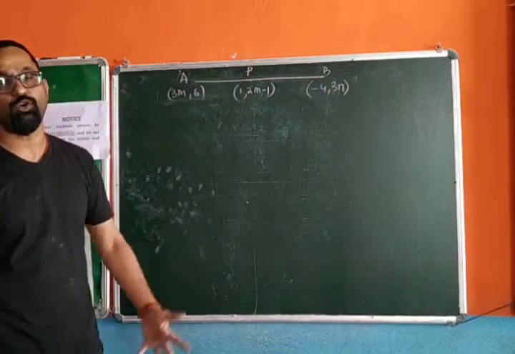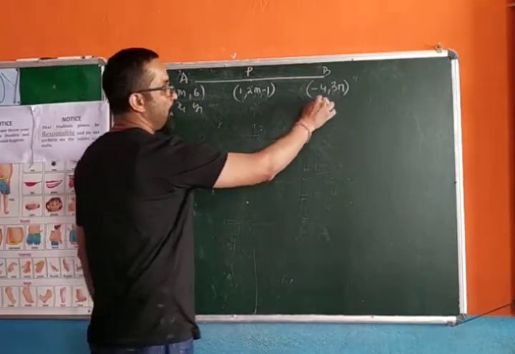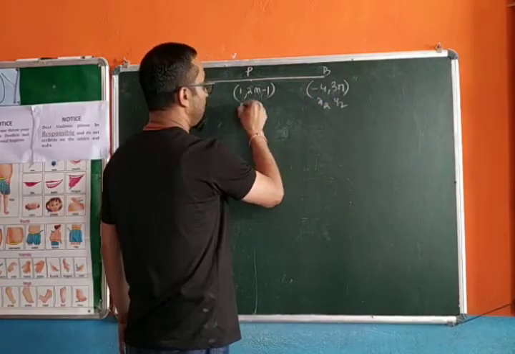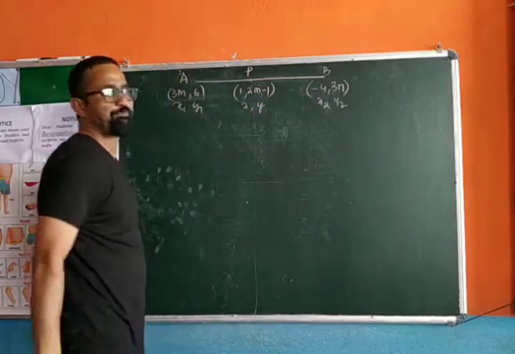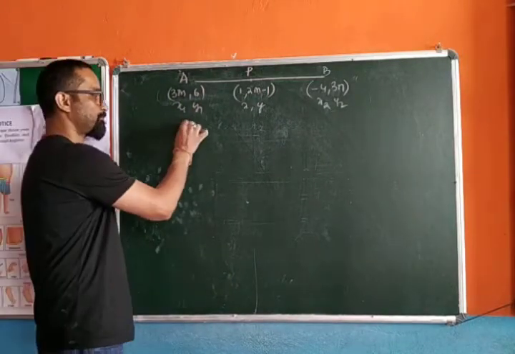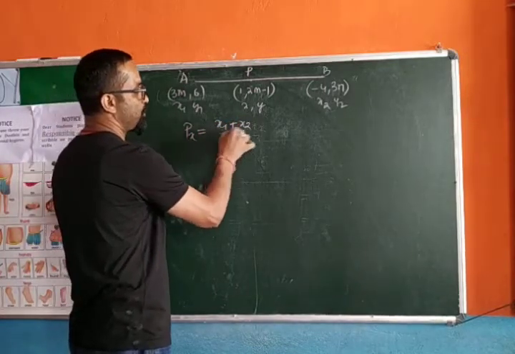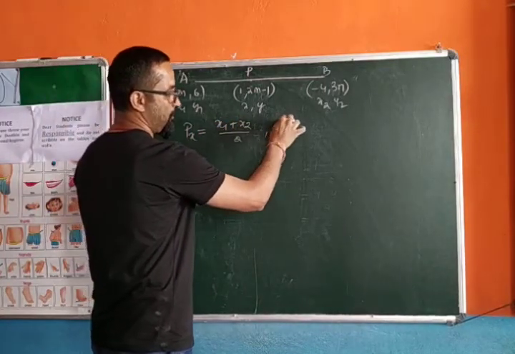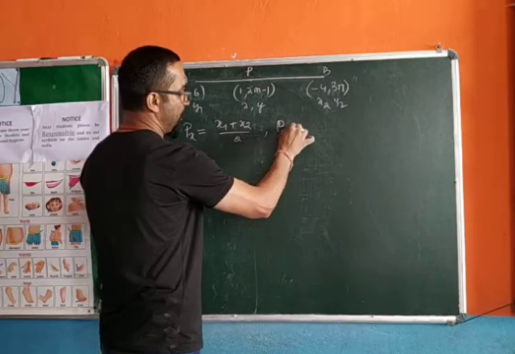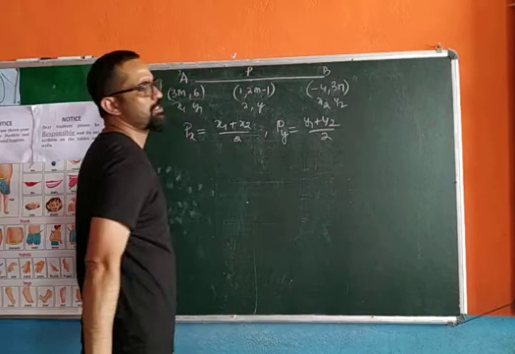It is midpoint, so you do not worry about anything. x1, y1, x2, y2, x comma y. Midpoint, write down the formula, substitute. x coordinate, x1 plus x2 by 2. Py is equal to y1 plus y2 divides by 2. Substitute.